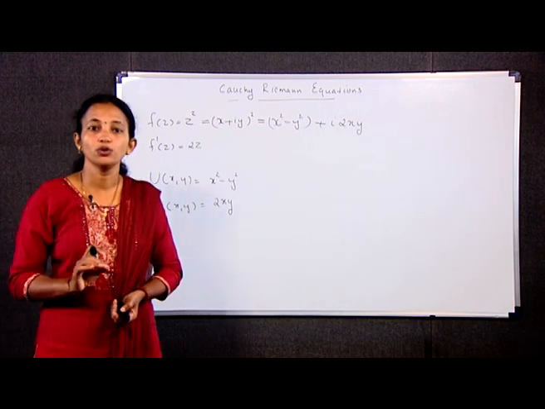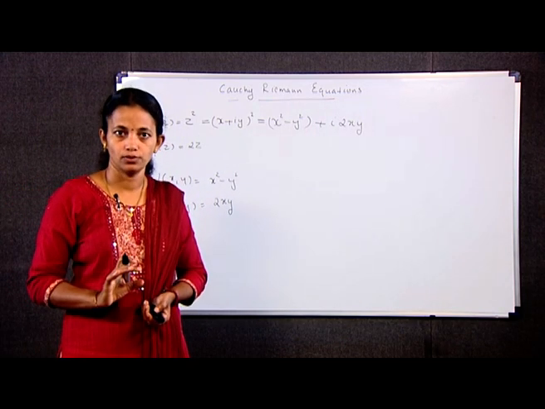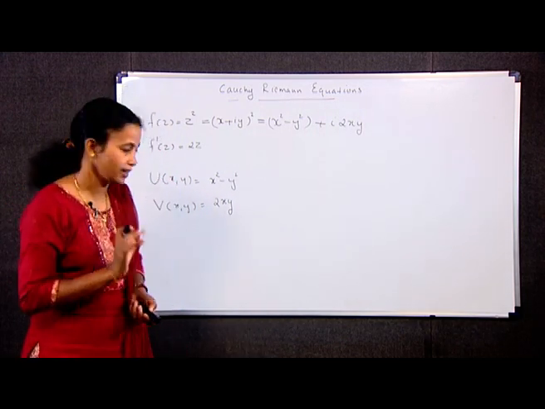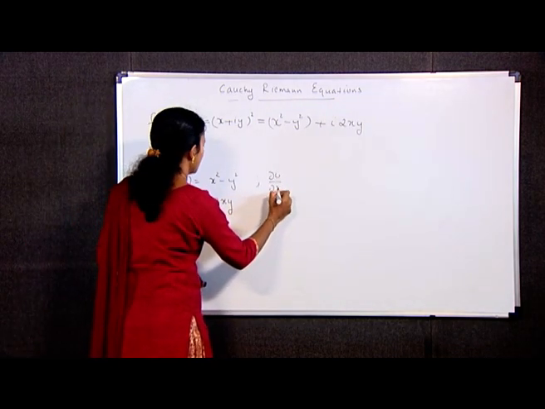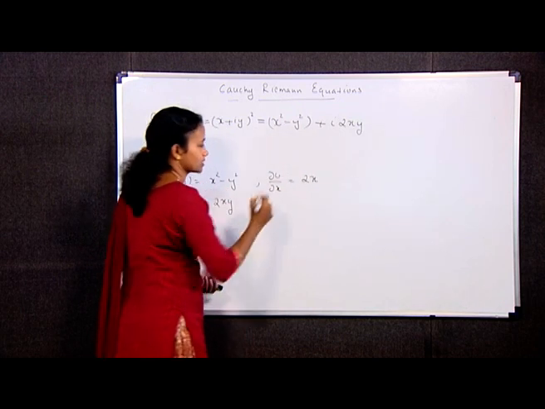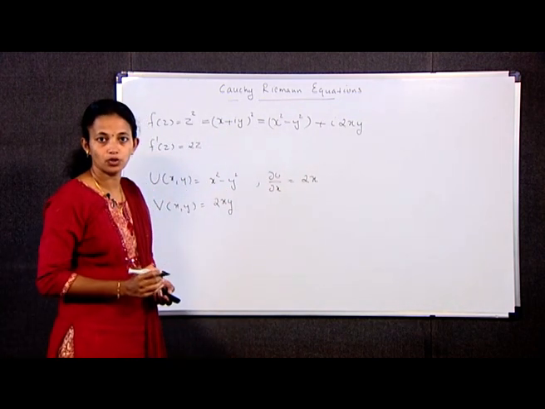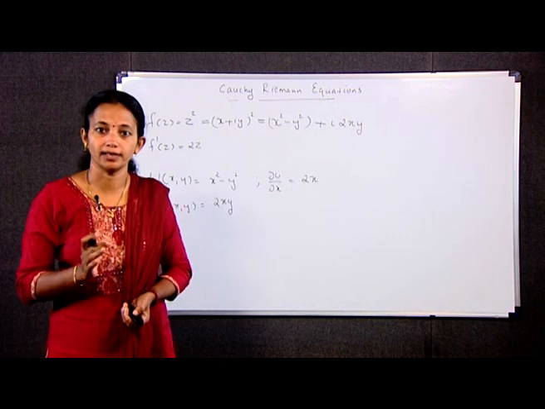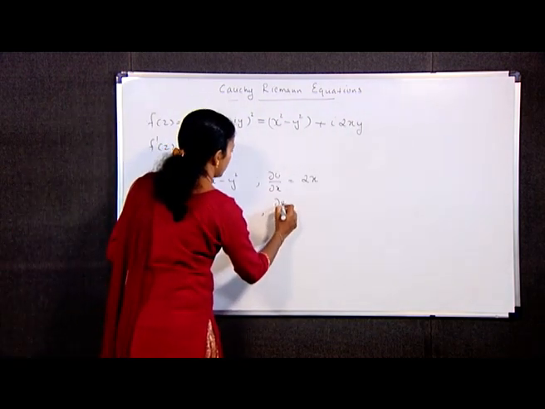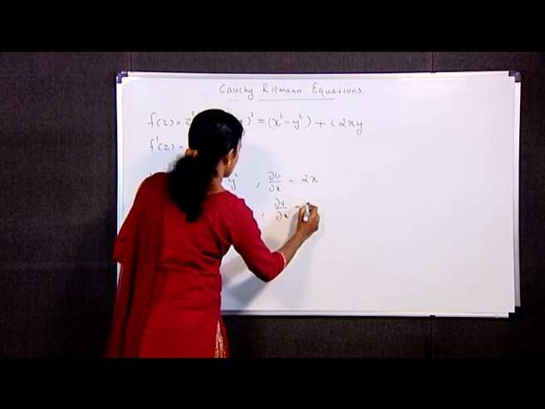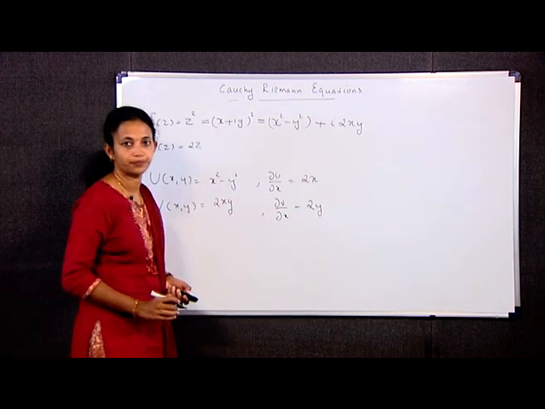Thus, u_x, that is dou u by dou x, is equal to 2x, and v_x, that is dou v by dou x, is equal to 2y.